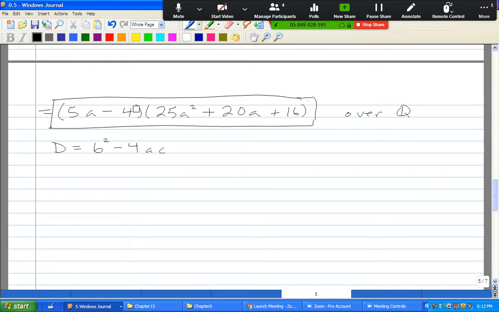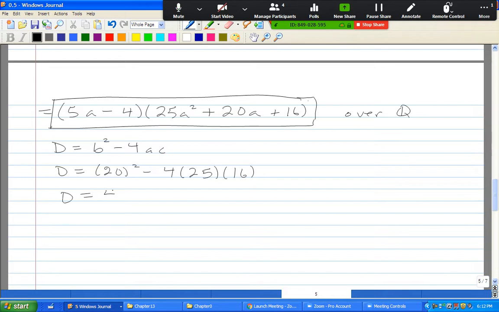So 5a minus 4, well, obviously that's factored as much as possible. It's a linear factor. Let's look at this quadratic, and let's see, can we factor this quadratic? So b is equal to 20, a is equal to 25, and c is equal to 16.